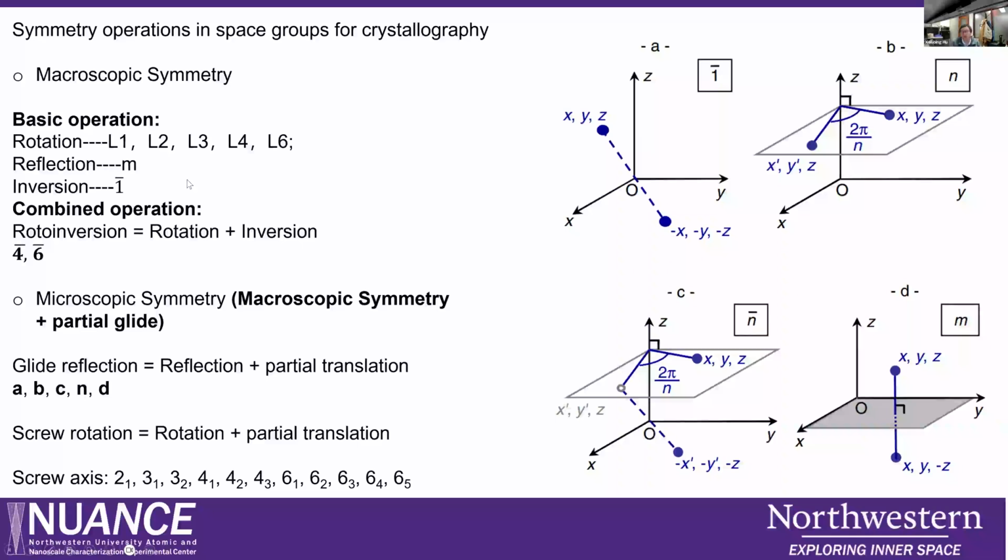Of course, there are some combined operations, which we call roto-inversion. They basically mean rotation plus inversion. This means, for example, on your 6-fold or 4-fold rotation axis, you can add inversion.